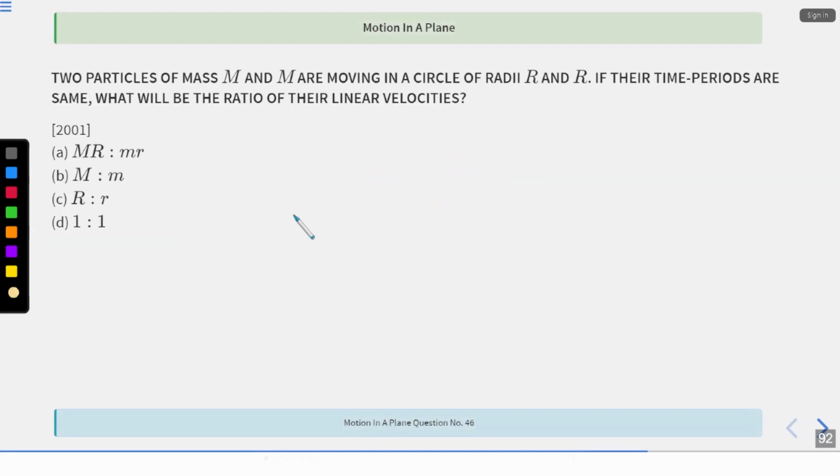The next question states that two particles of mass m and m are moving in circles of radii r and r. If their time periods are the same, so they are telling us the masses are the same, the radii are the same, and the time period is also the same.